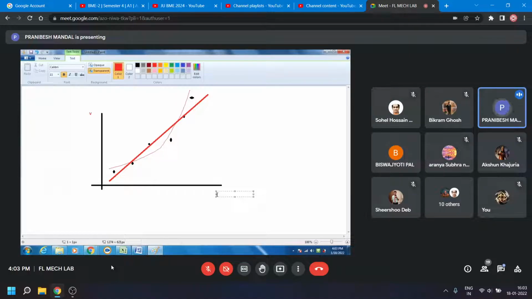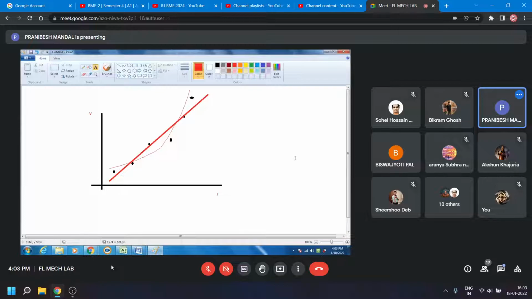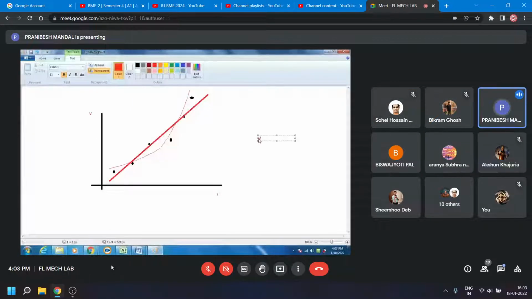This curve can be between voltage and current, isn't it? What is the theoretical relationship between current and voltage? Tell me. স্ট্রেট লাইন, স্যার. So in that case, I will go for a best fit straight line.